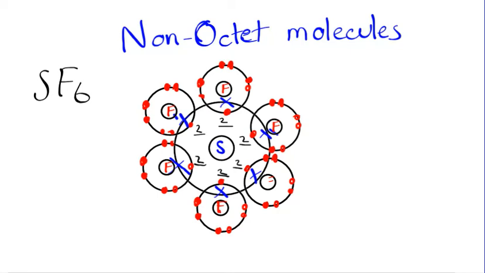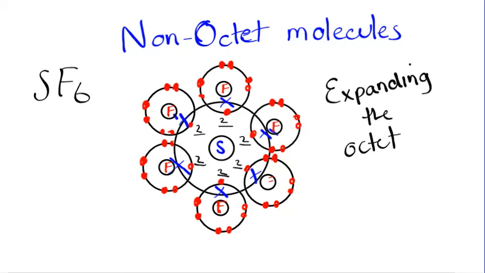That's actually bigger than 8, obviously. Usually molecules need 8 electrons in their outer shell to be stable, but this sulfur has 12 electrons in its outer shell. And this is known as expanding the octet. So rather than just 8 electrons, we've got 12 electrons in the outer shell.